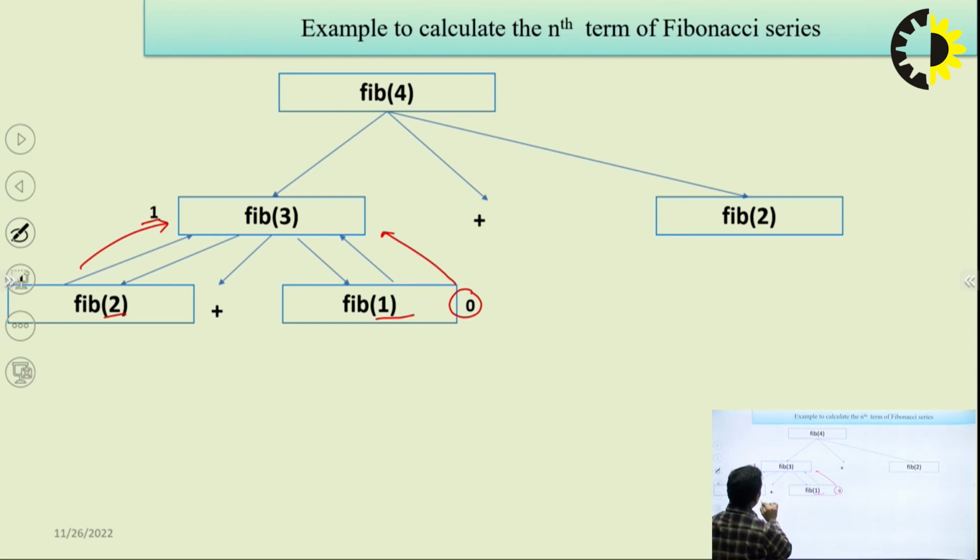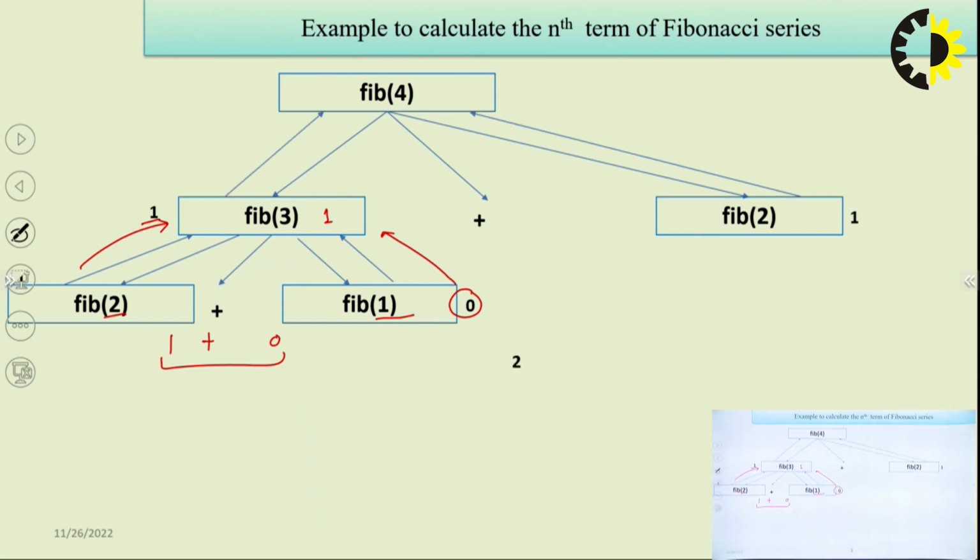So here is the plus operation, here we get 1 plus 0, this is 1, we get the value of 1 here. And again this is the base case, we get the 1 here. So 1 and 1, 1 plus 1 equal 2. So we get the 2 here. This is Fibonacci for the value n is 4.